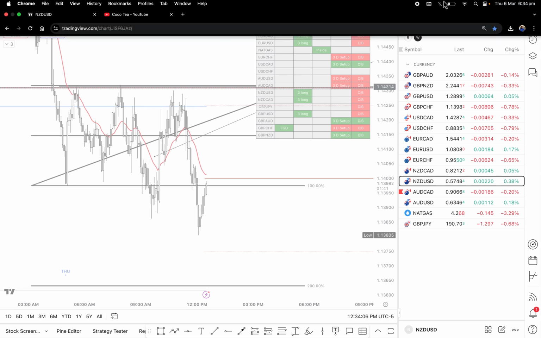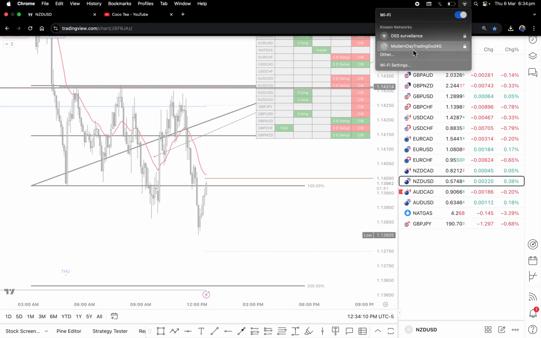So we work with probabilities. What is the probability that this market will reverse? What is the probability?